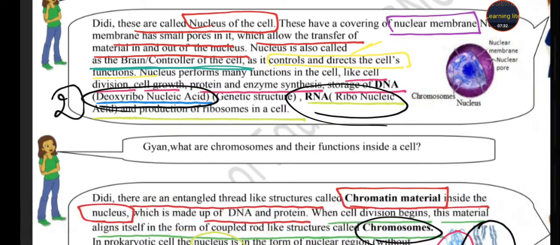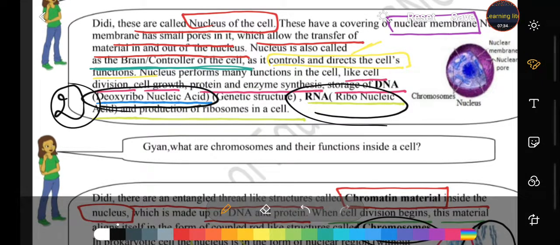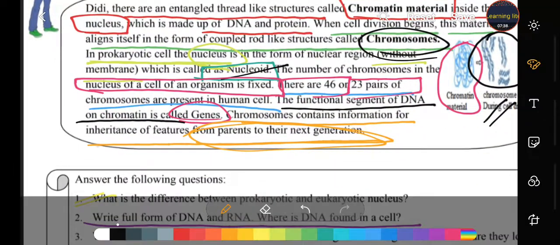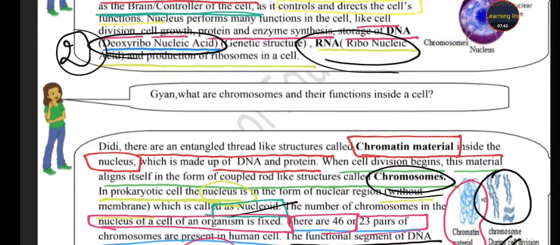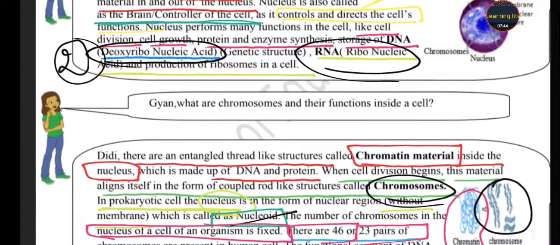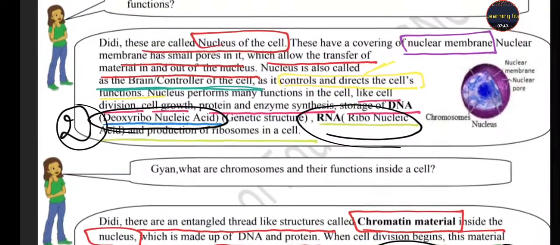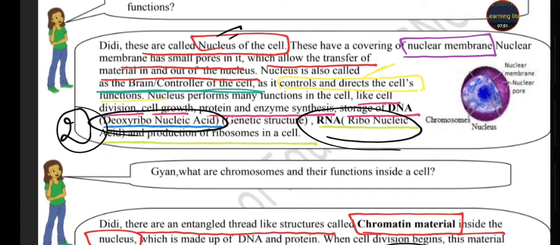This is the answer to your second question, student. And the second part of the second question is, where is DNA found in the cell? So DNA is found in the nucleus, in the chromatin. DNA is found in the nucleus of the cell.